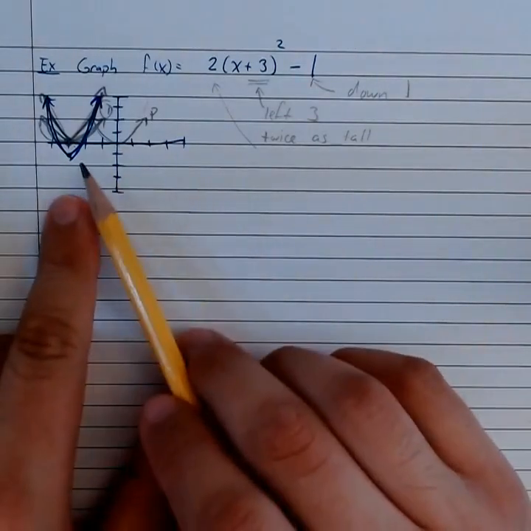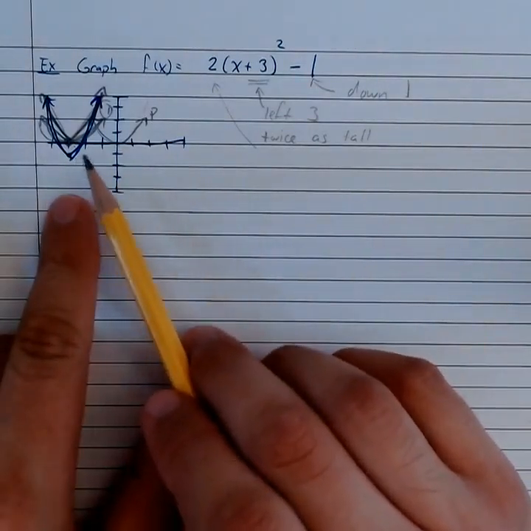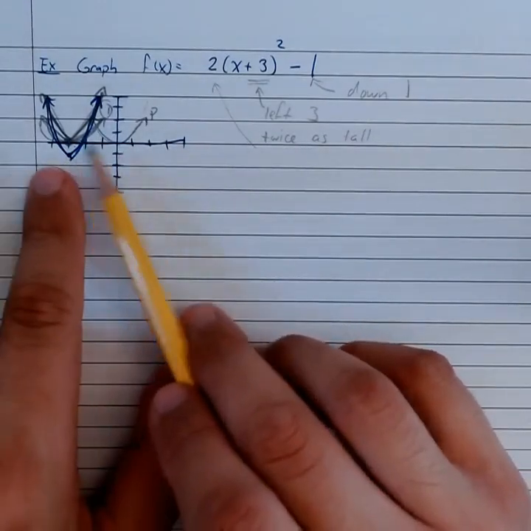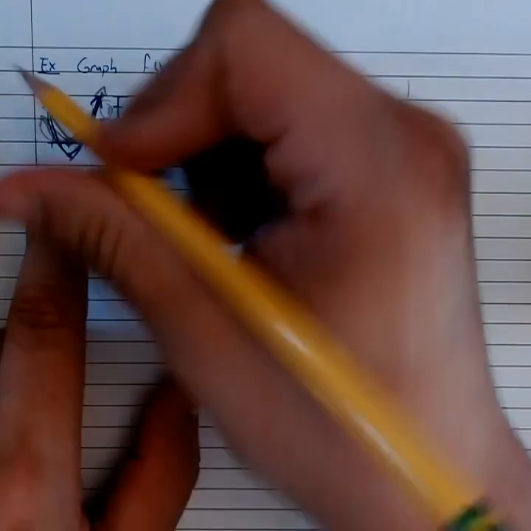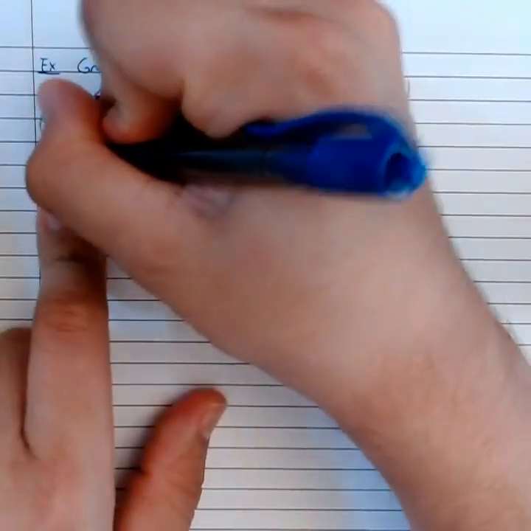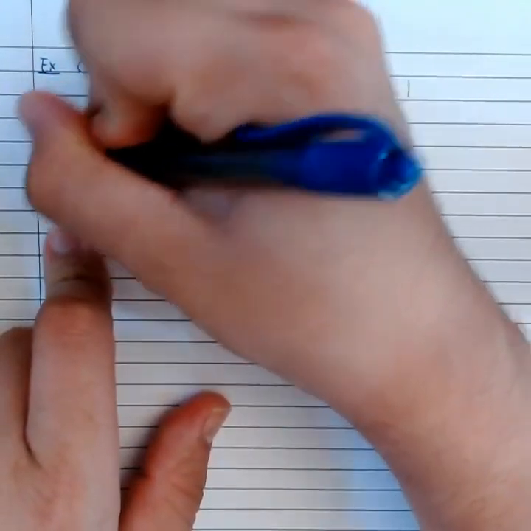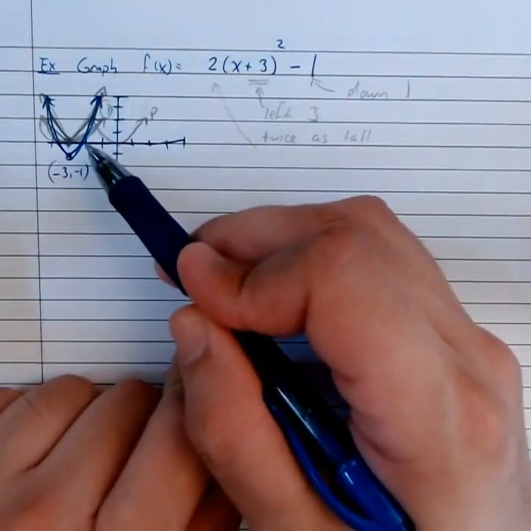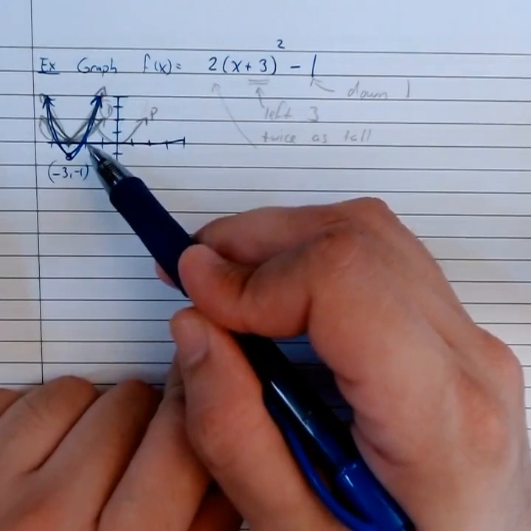Well, yeah, I suppose. But notice how much detail we're missing. Yeah, okay, we moved this point over. I know for a fact this point right here is at negative 3, negative 1. Where are all my other points? Where does it cross the x-axis? That looks like negative 2, 0, maybe.